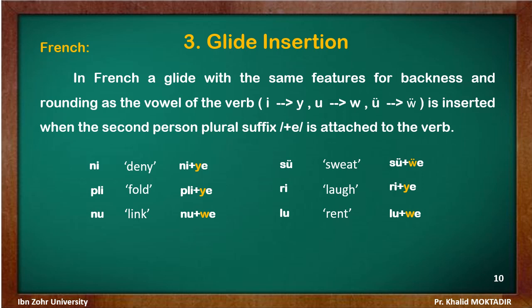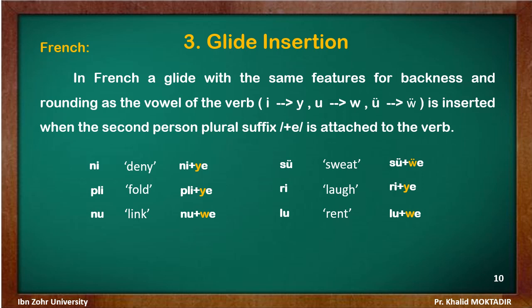I is minus back, minus round, so therefore we are going to insert the glide y, which is also minus back, minus round. The same case happens in the verb pli, fold. Now look what happens in nu. The vowel of the verb is u, which is plus back, plus round.